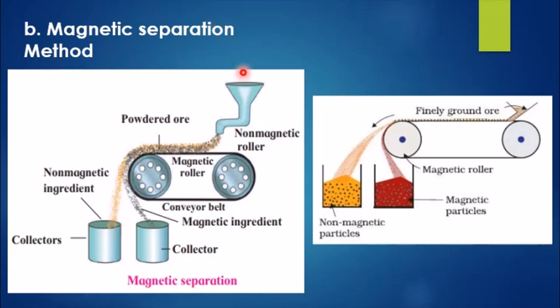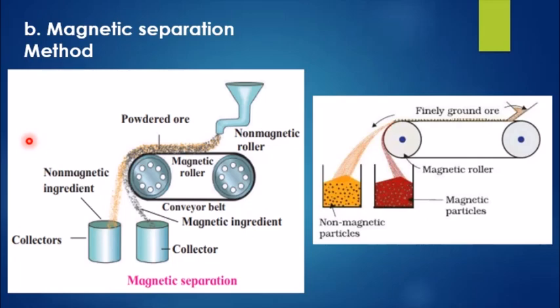Starting off, we first put the powdered ore here towards the non-magnetic roller part. The particles which are not magnetic will not be attracted towards the magnetic roller, and therefore they are carried away by the conveyor belt and fall into the collector vessel kept away from the magnetic roller, which collects the non-magnetic ingredients.